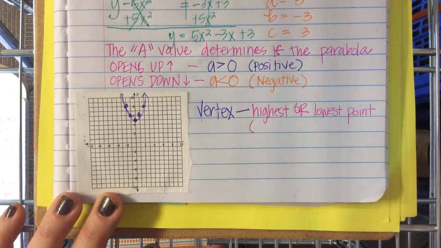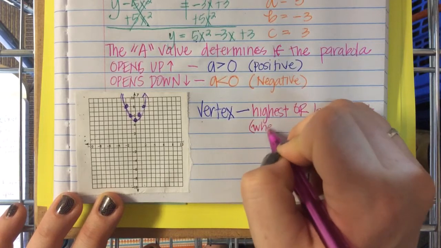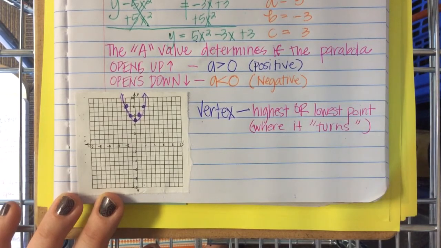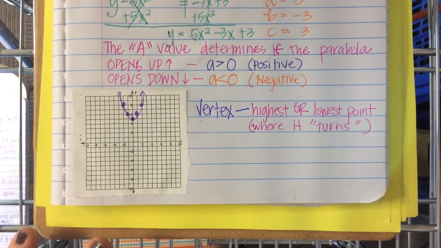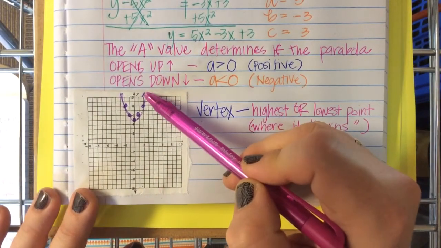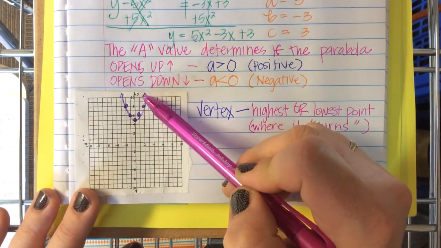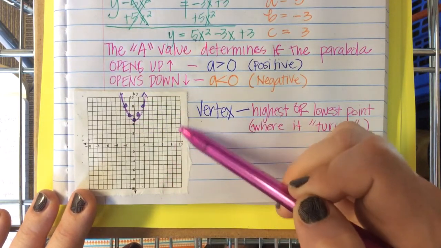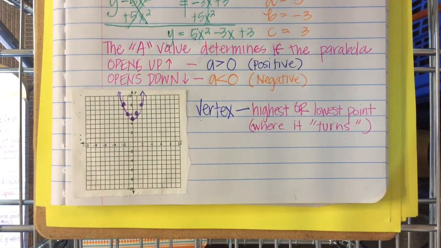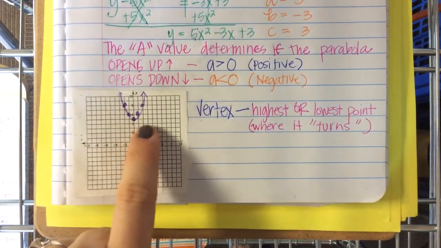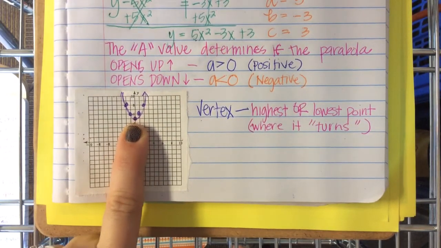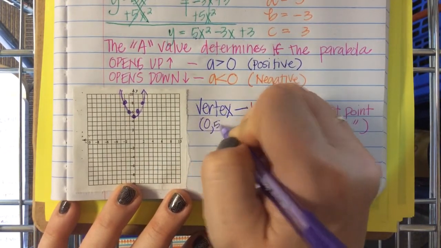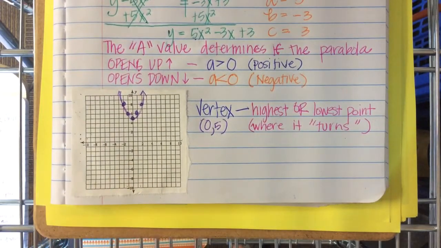My easy definition of this is where it turns. If you're chugging along, riding on a roller coaster on this parabola, wherever you change directions is the vertex. So if I'm looking at this particular parabola, where is the vertex? 0, 5. The vertex is an ordered pair.